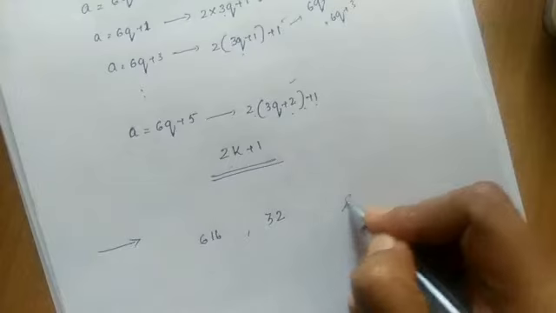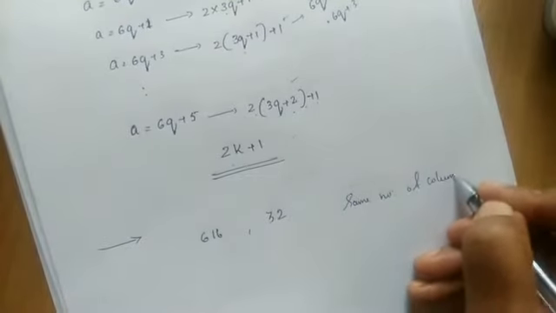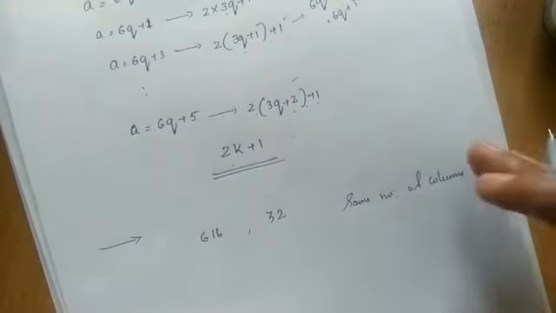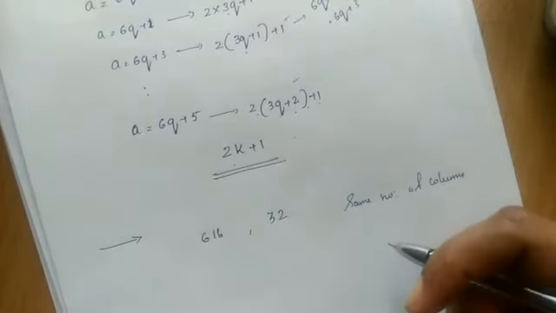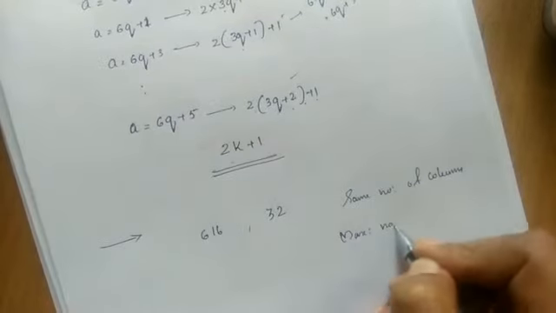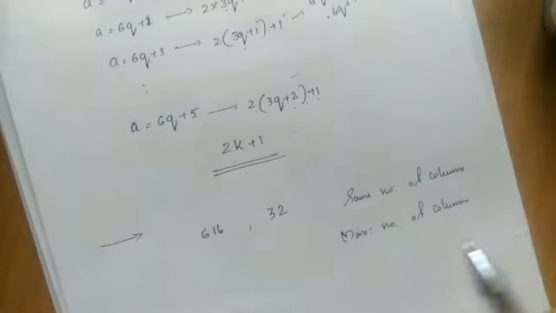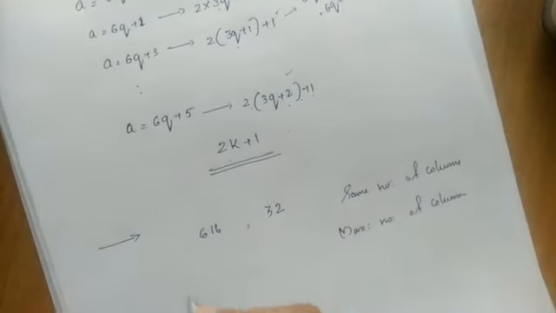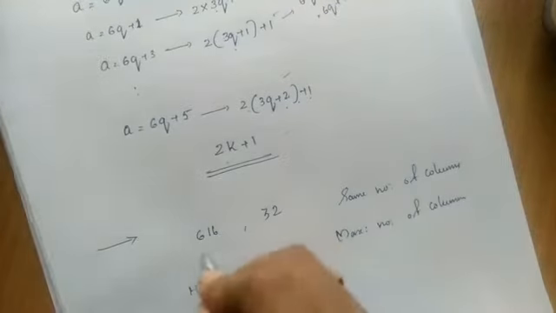In the previous video, we discussed a similar question. What is the maximum number of columns in which they can march? So we have to find the maximum number of columns. Always remember, for questions asking for the same number or maximum number like this, we have to find the HCF. Don't be confused. HCF for 616 and 32.